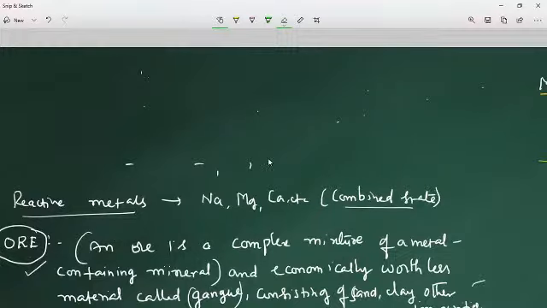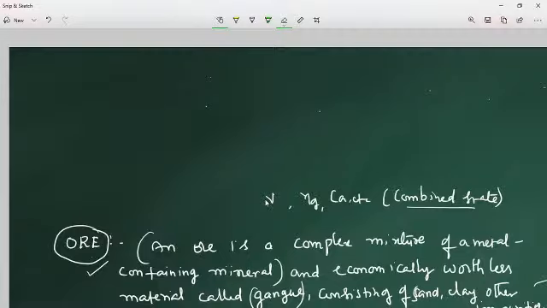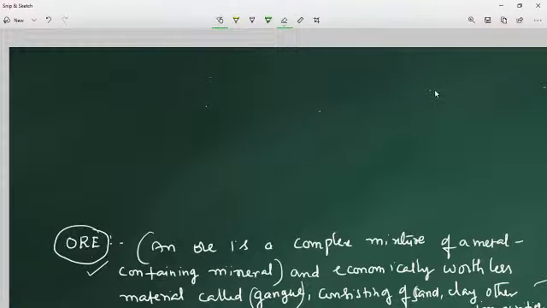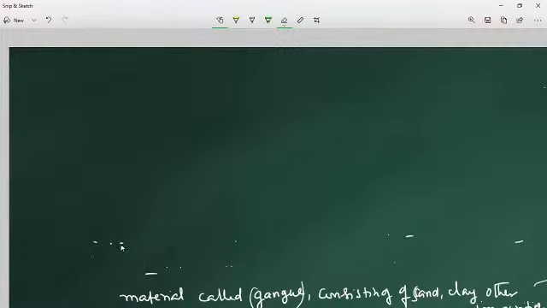After that we will see tin, lead, and most important metals like iron, even silver, mercury, zinc. All we will check.